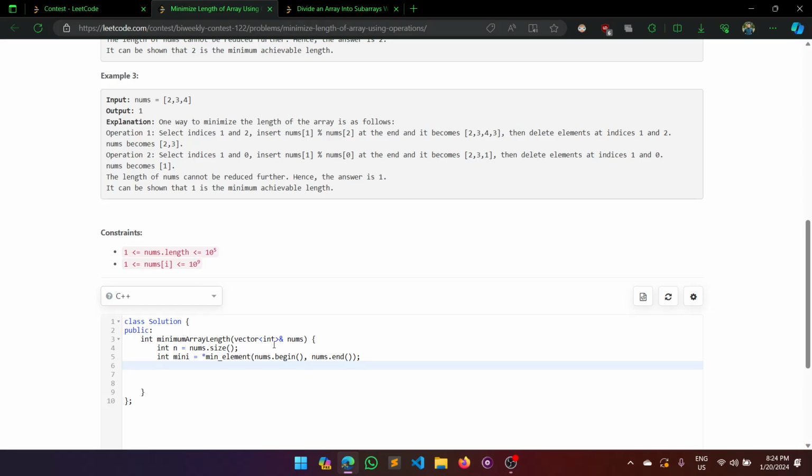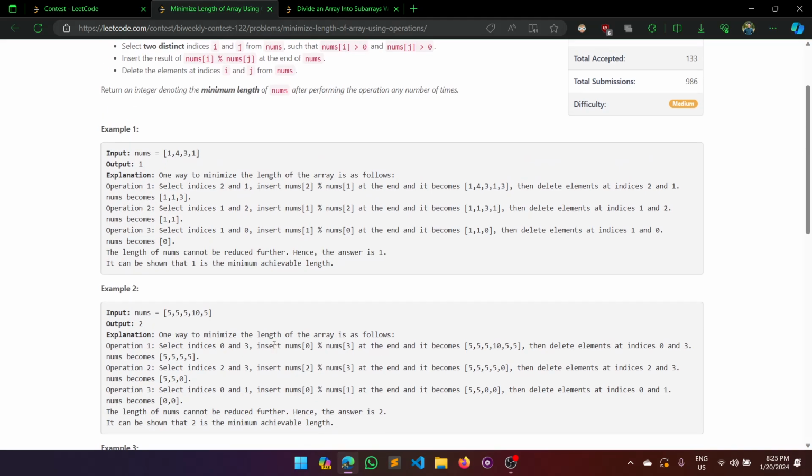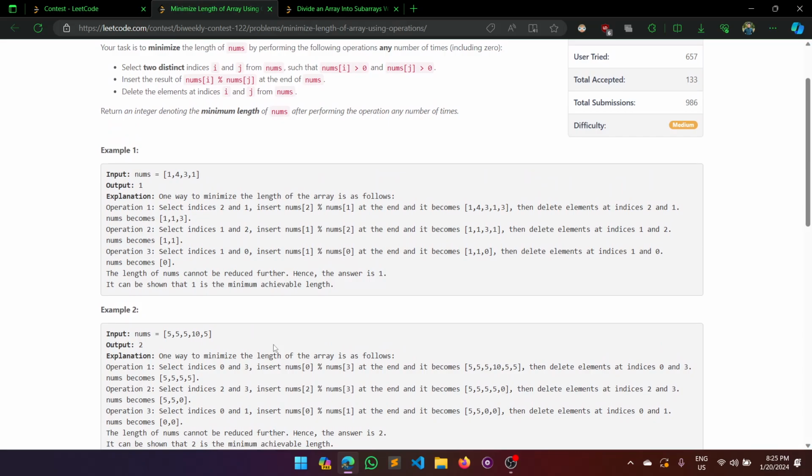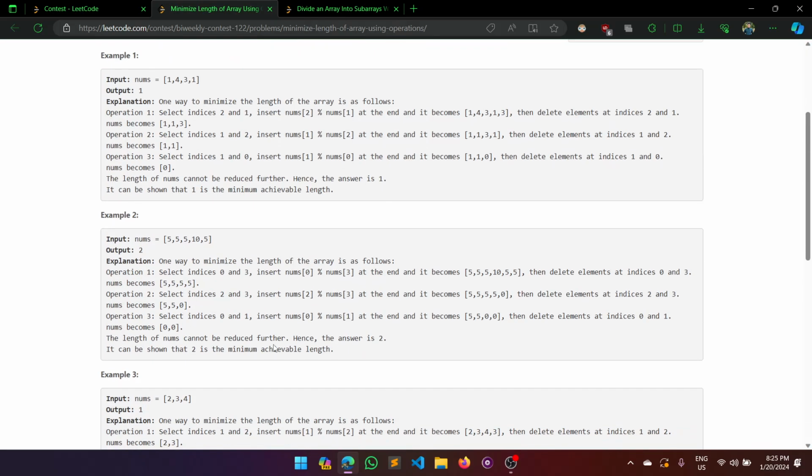Like 2 modulo 10 is going to give me 2, but 10 modulo 2 is going to give me 0. Similarly with 3: 3 modulo 10 is going to give me 3, but 10 modulo 3 is going to give me 1, which again is a separate number, a unique number, right?